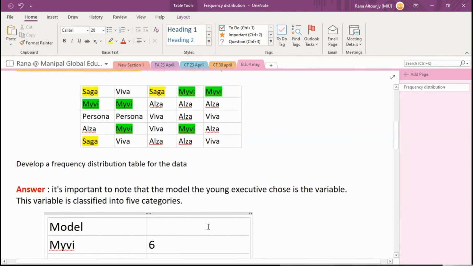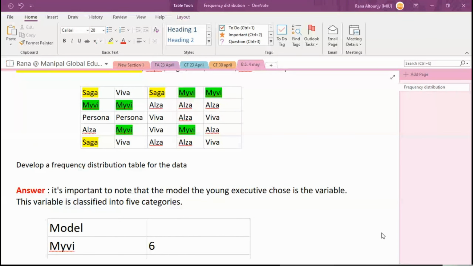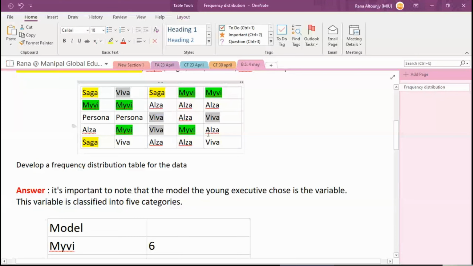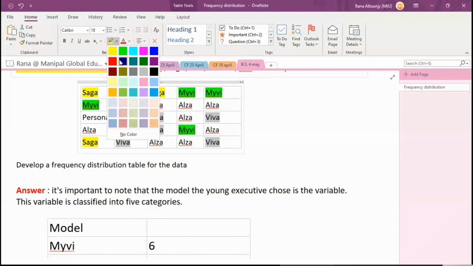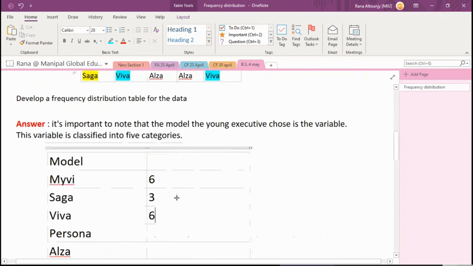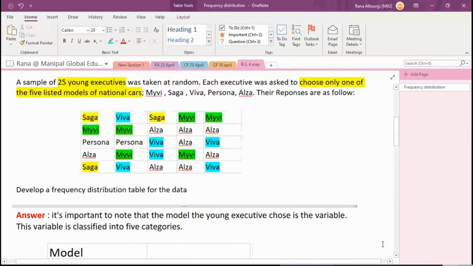The third model, Viva. How many times? We have 1, 2, 3, 4, 5, 6. Yes, so it's 6 times. Perfect. Then we have Persona.